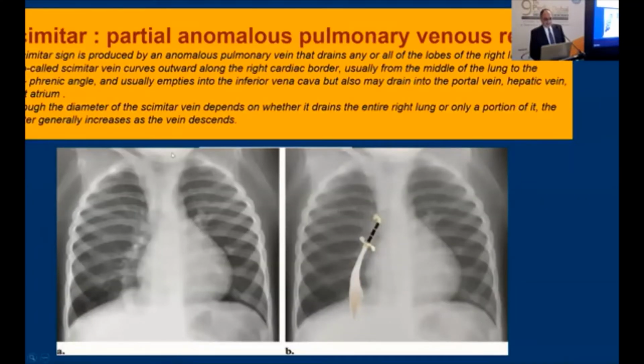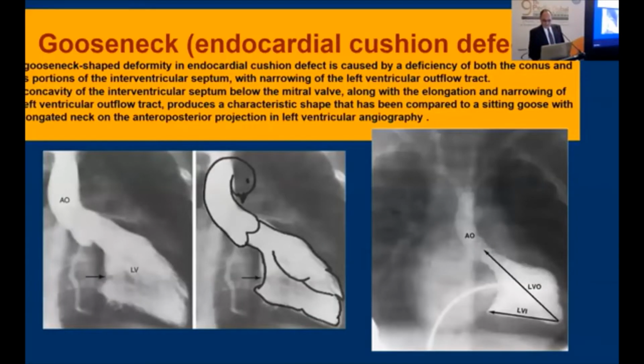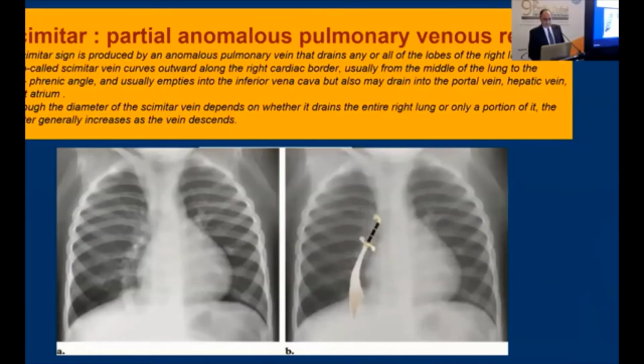Okay, scimitar anomaly: this bending shadow at the medial portion of the right lung could be due to an anomaly of the vessels draining the right lung.